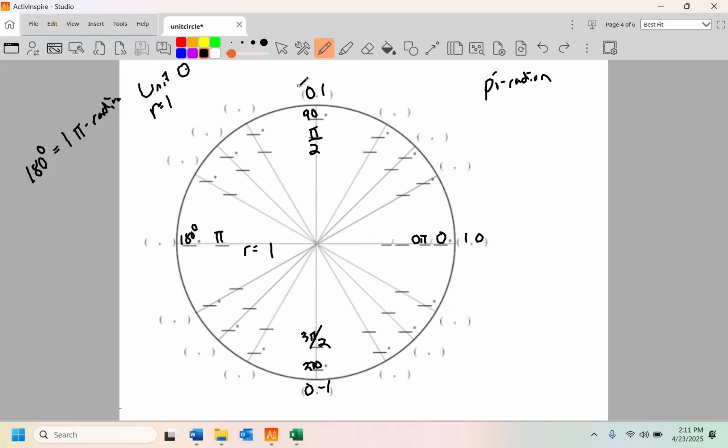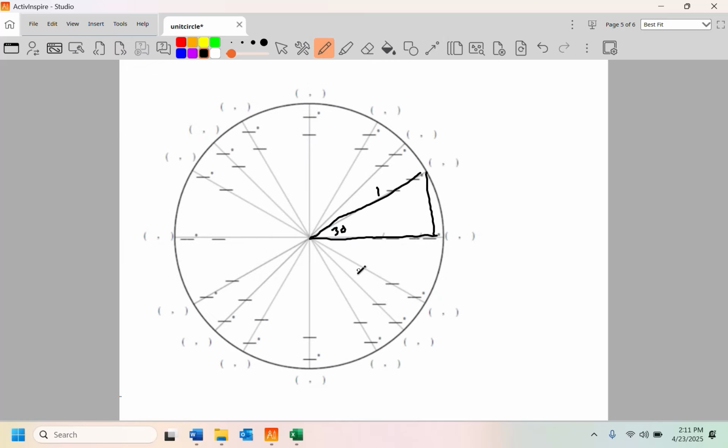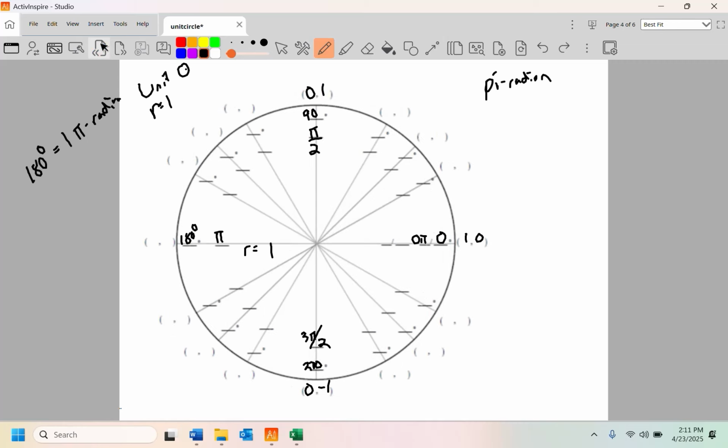The radius of the circle would be 1, which would be the hypotenuse. The short leg is a half, and the long leg is root 3 over 2. So to get to here, I ran right root 3 over 2, and I rose a half. That's where those pairs are coming from.